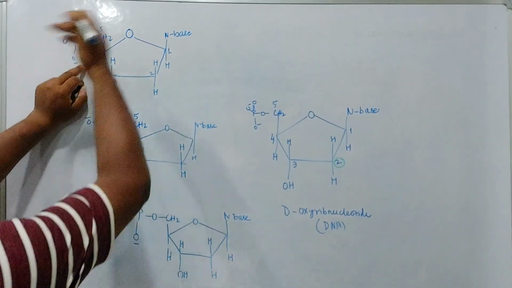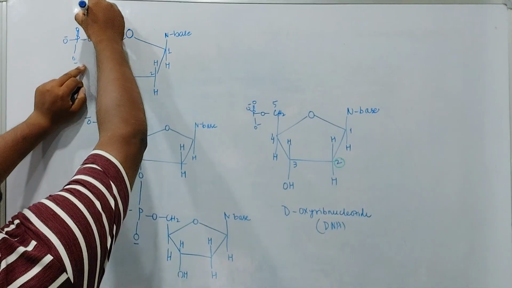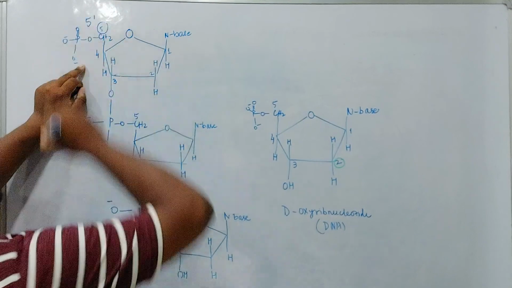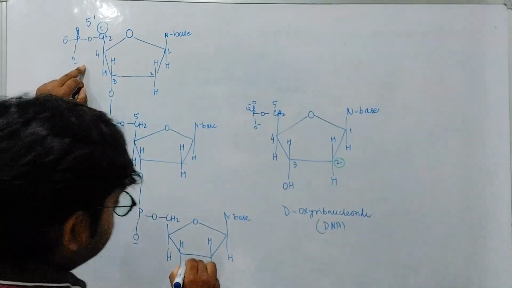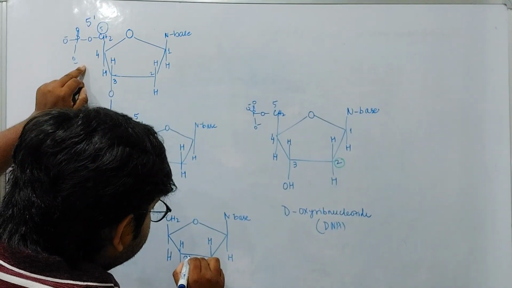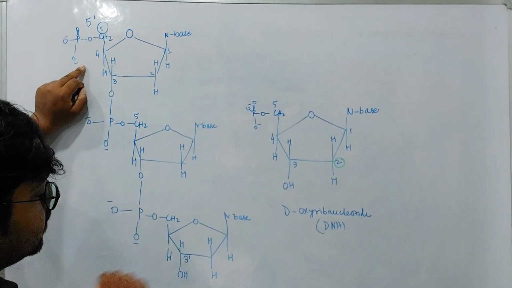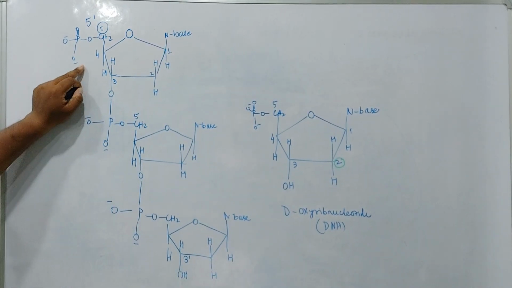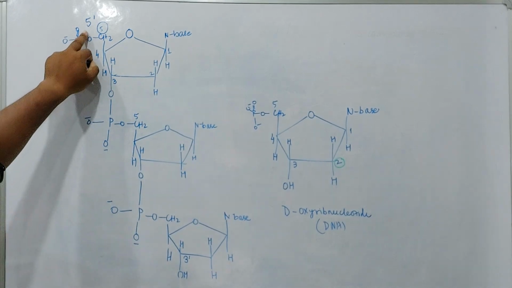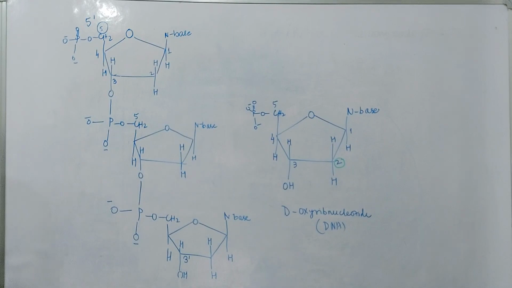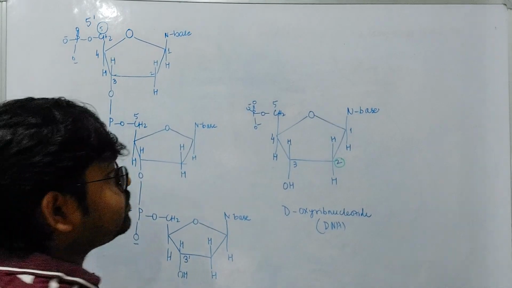So this part is called the 5 prime part due to this carbon, and this part is called the 3 prime part, as this OH at the third carbon is open. So this is the 5 prime end and this is the 3 prime end of DNA.